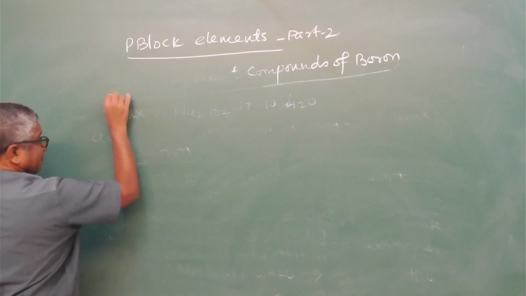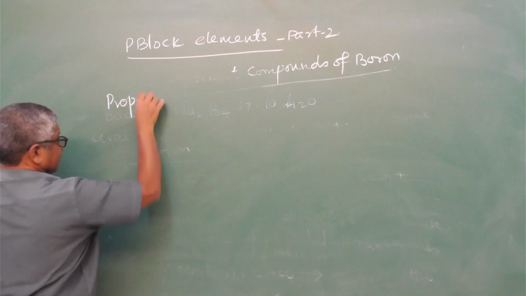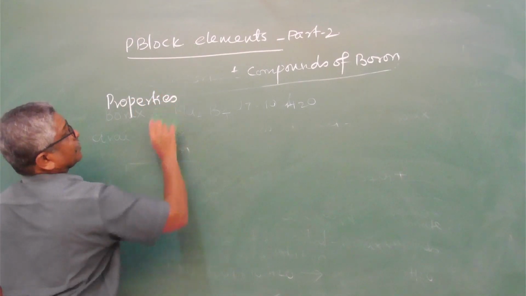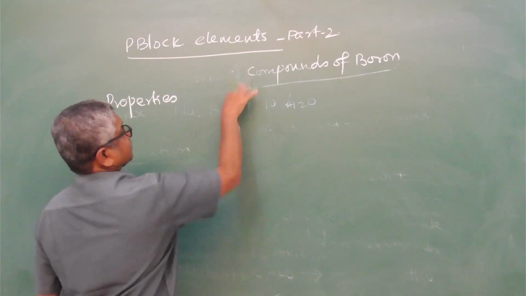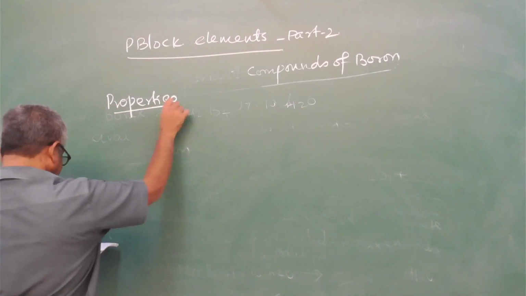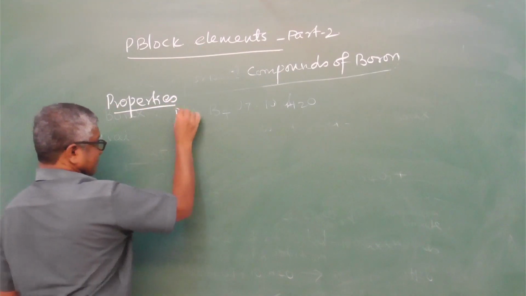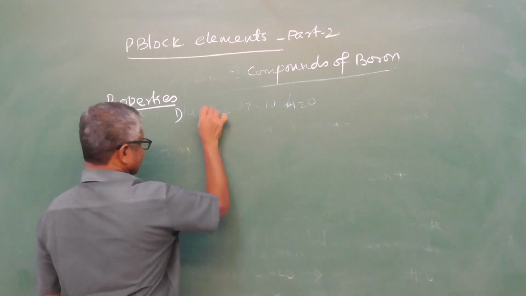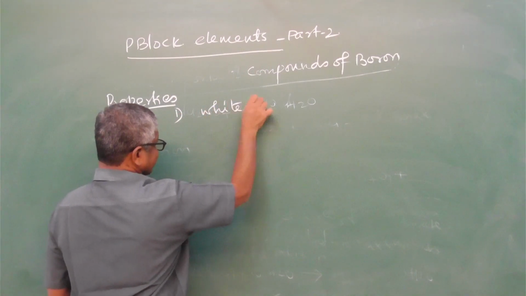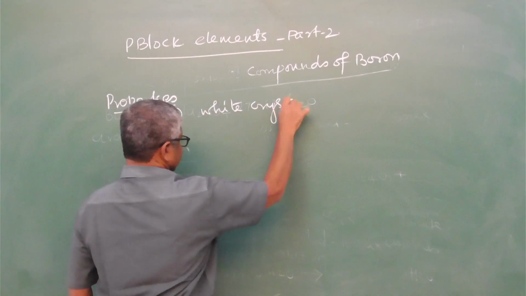Then what are the properties? In properties, the first property of borax is that it is a white crystalline solid.